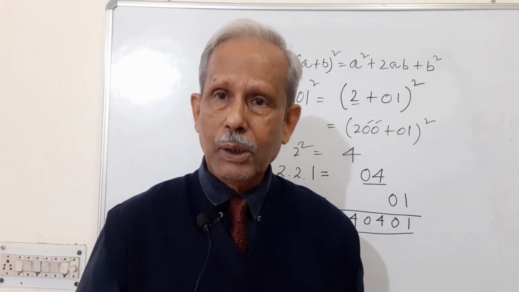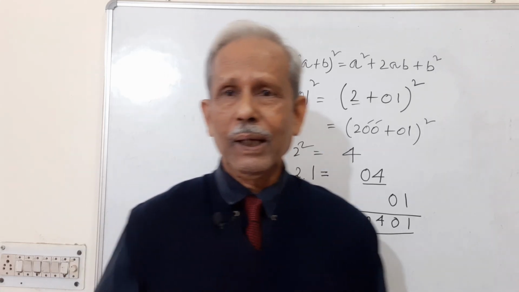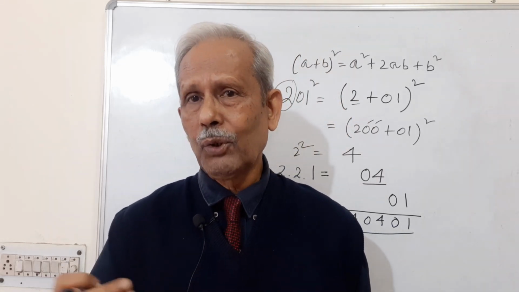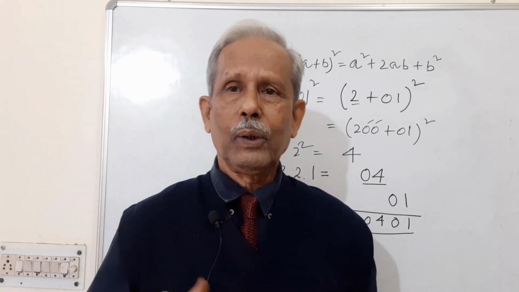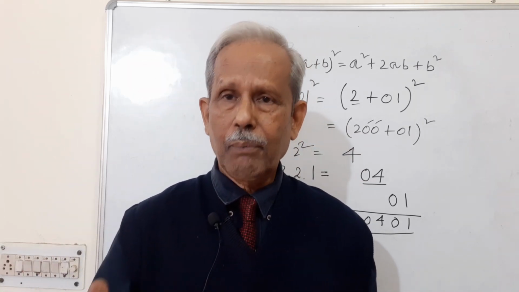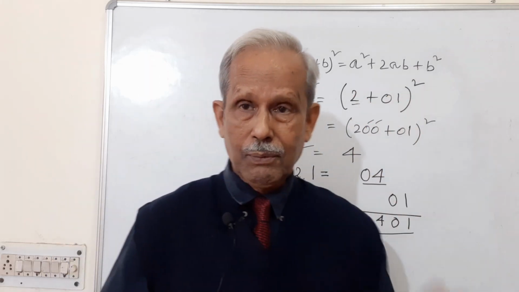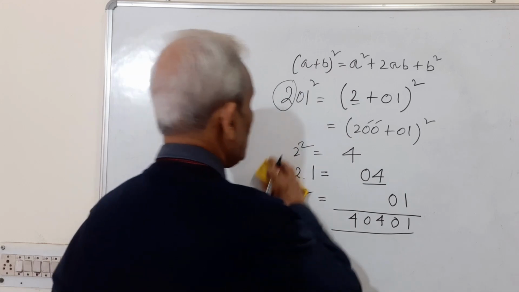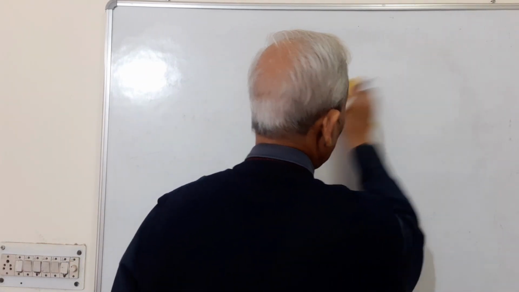Today we have seen this special method, and by that we can do the squaring of numbers easily just by remembering the process involved. You need to be very careful while doing the problem and practice it, so that there may not be any confusion at all.